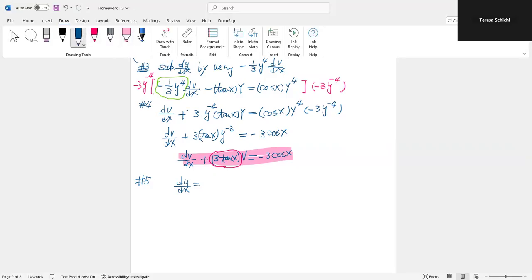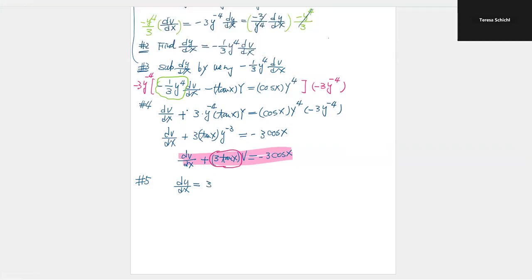It's the same step, so this will be 3 tan x. Now what do we need to do? Times u. This is how we find the integrating factor. So now I need to solve for u.